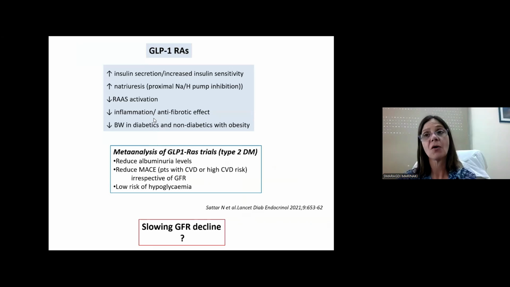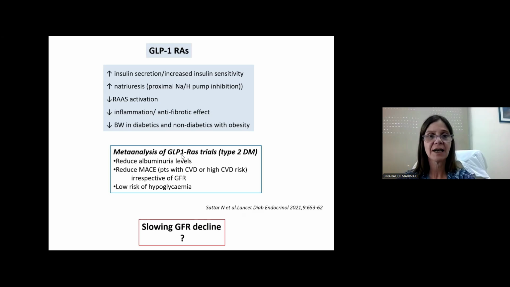We have other categories of anti-diabetic drugs, such as the GLP-1s. This class of antidiabetics also has pleiotropic actions. It increases insulin secretion and insulin sensitivity and natriuresis, reduces RAS activation, has anti-inflammatory and antifibrotic effects, and reduces body weight.